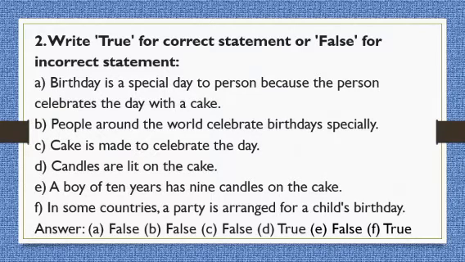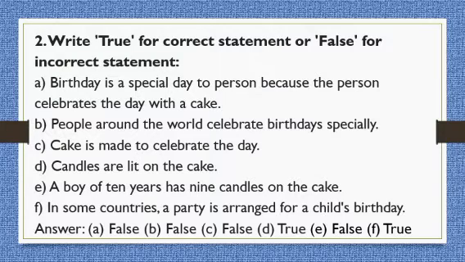They are saying that in many countries, people celebrate with a cake. But in this statement, you can see that cake is made to celebrate the day. Cake is made. This is not correct, because cake is not made actually in the passage.